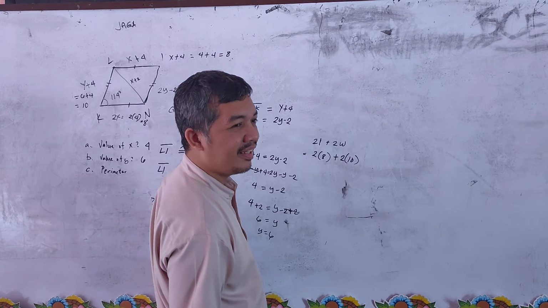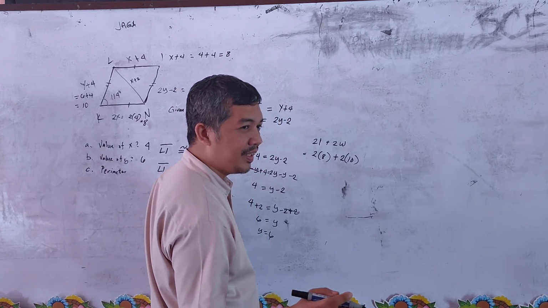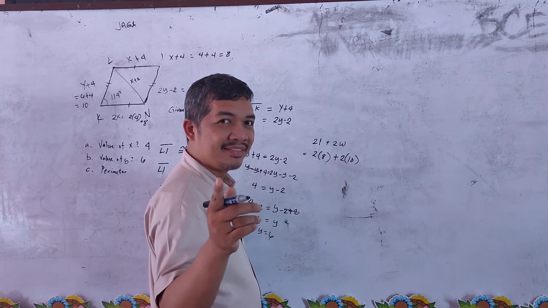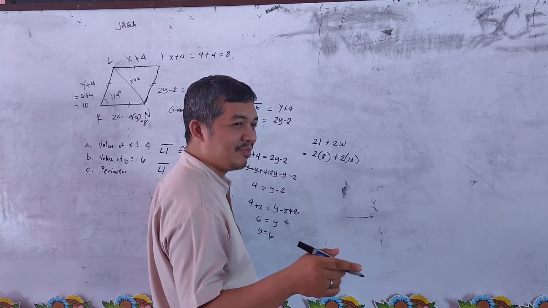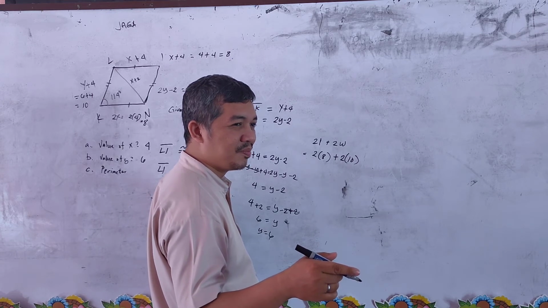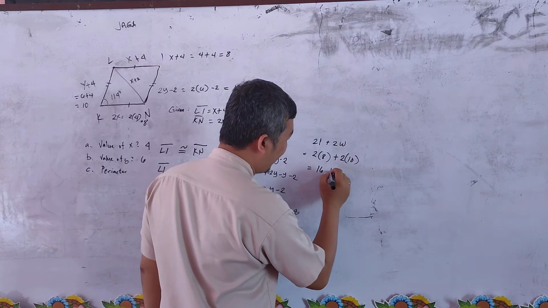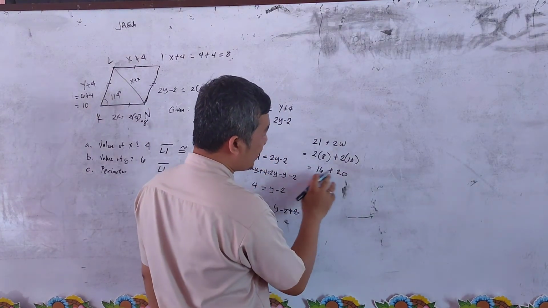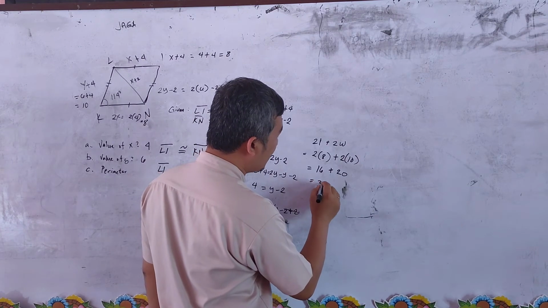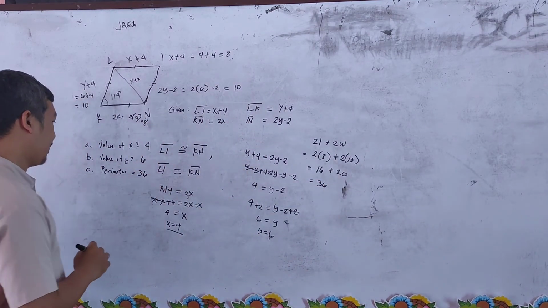Ilan ang dalawang 8? 16. Tama, 16. No? Okay. Ilan ang dalawang 10? 20. So, 16 plus 20, we have 36. That is our perimeter. 36.